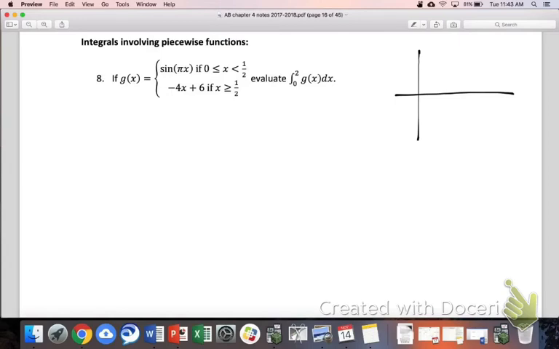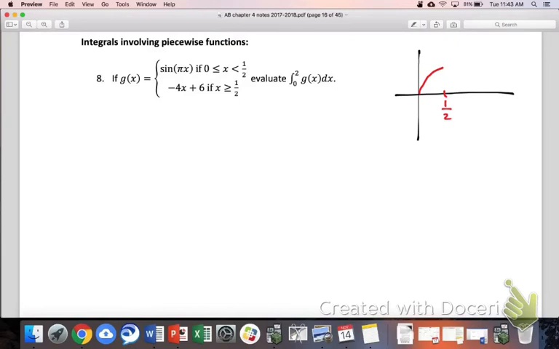Yeah. Sorry, I'm trying to get this curve good. So sine of pi over 2 is 1. So I would say the sine part is right there.